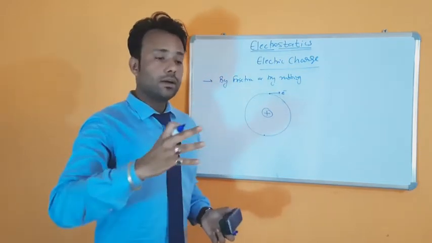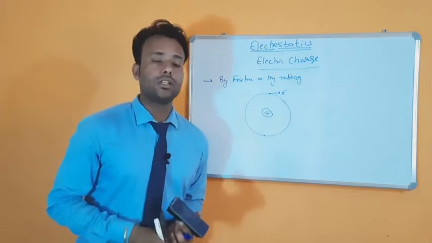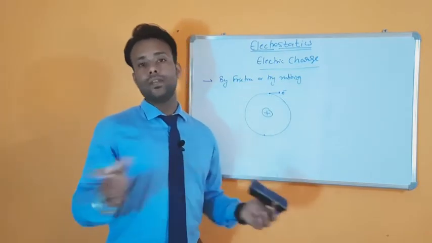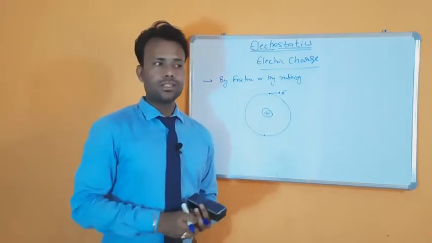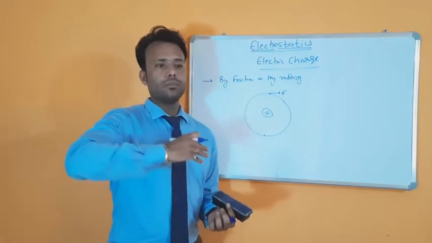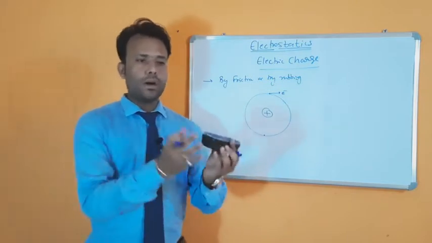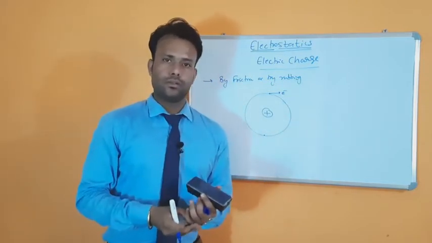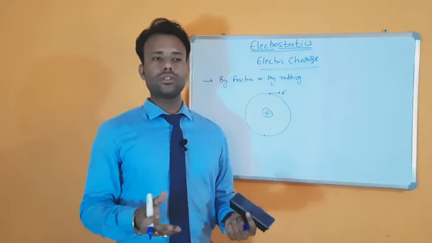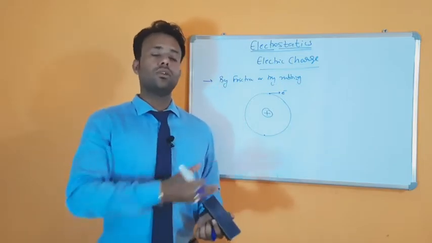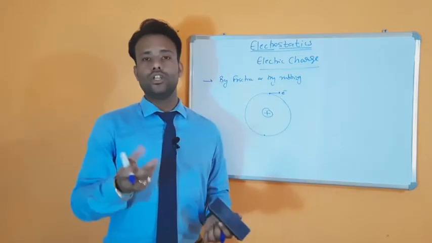That means the positive and negative charges are already present in every matter, but still it does not behave that way every time. When we see ordinary matter, no two particles attract or repel each other. Why? Because ordinarily every matter is neutral.